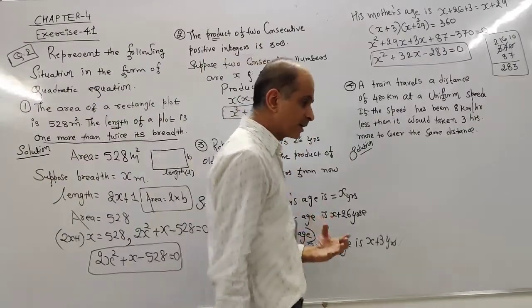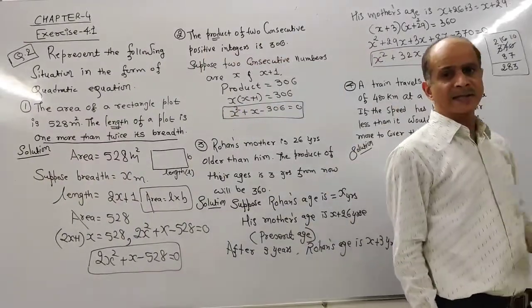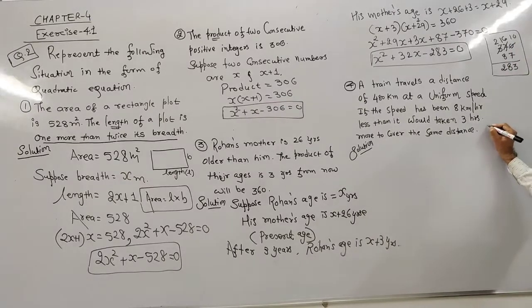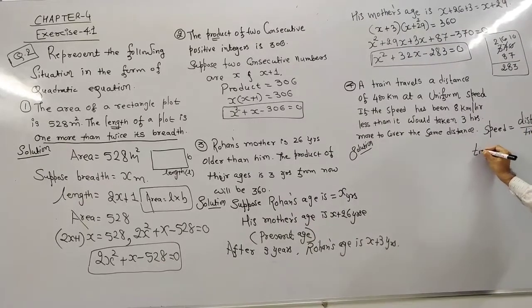You have already studied all this in 9th standard science, in the chapter on motion, and that is speed. Speed is equal to distance upon time. So you can write time is equal to distance upon speed.